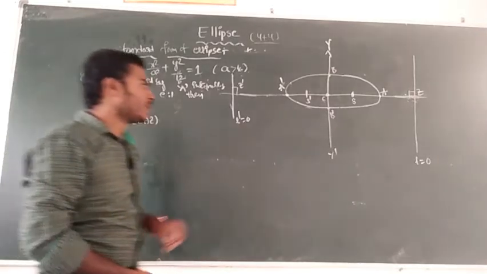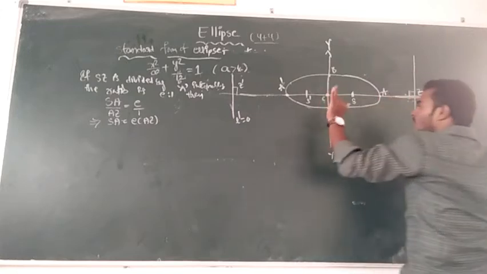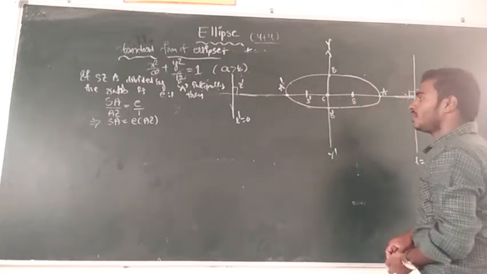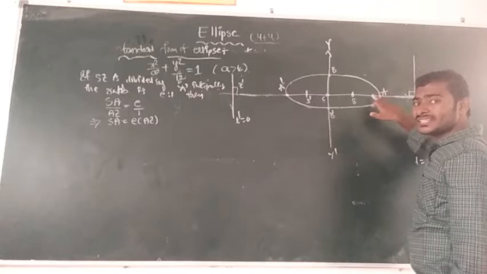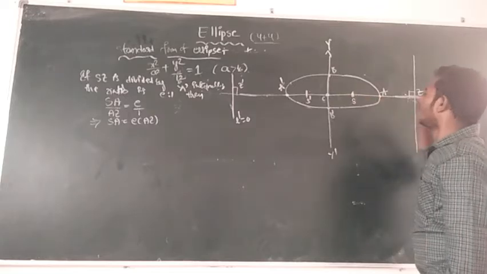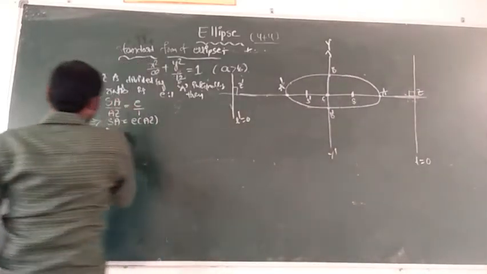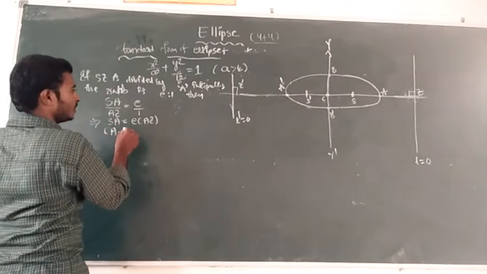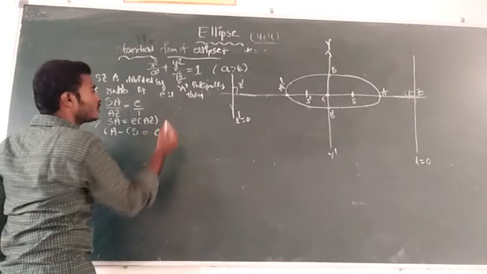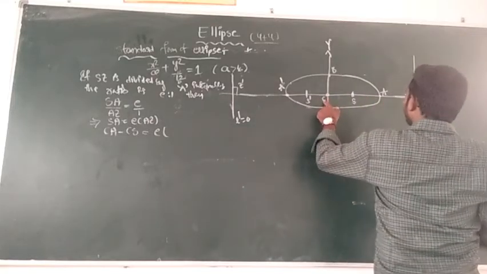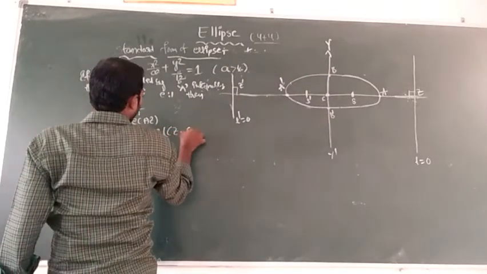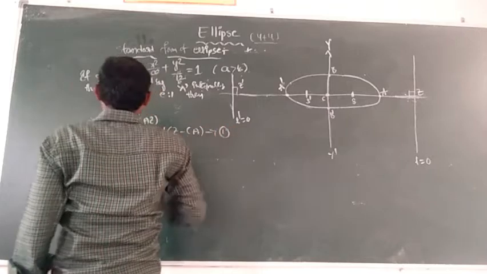Now we can measure any distance from the center. We get SA as CA minus CS, which equals e into AZ, taken from the center as CZ minus CA. Let this be equation 1.